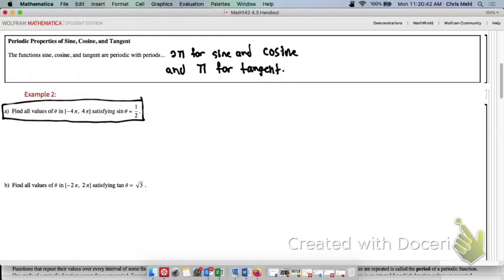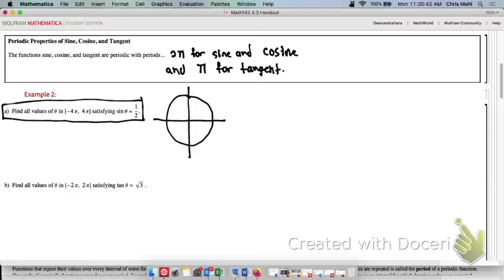Okay, so for this, I might want to draw a unit circle. Now, if you can find all of the angles from 0 to 2 pi so that sine of theta is 1/2, you can get the rest by using the periodicity. So you can add and subtract 2 pi as many times as you need.